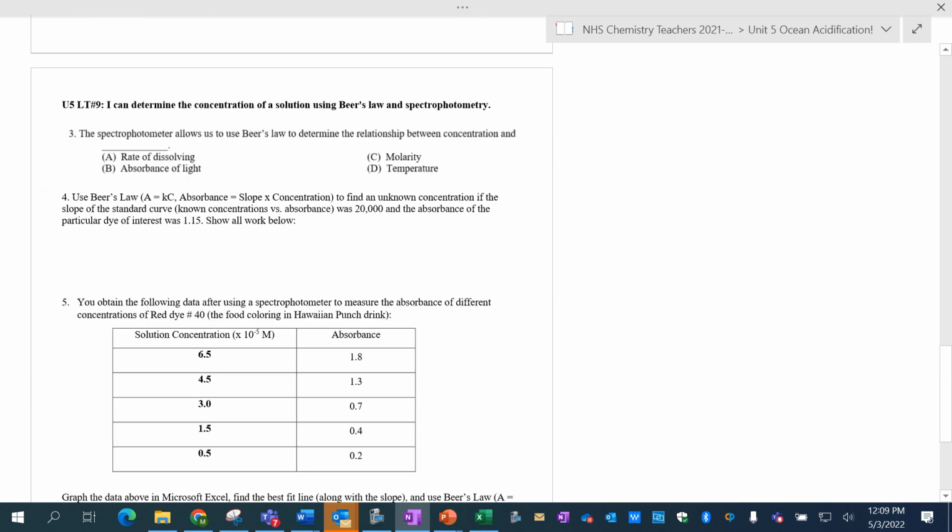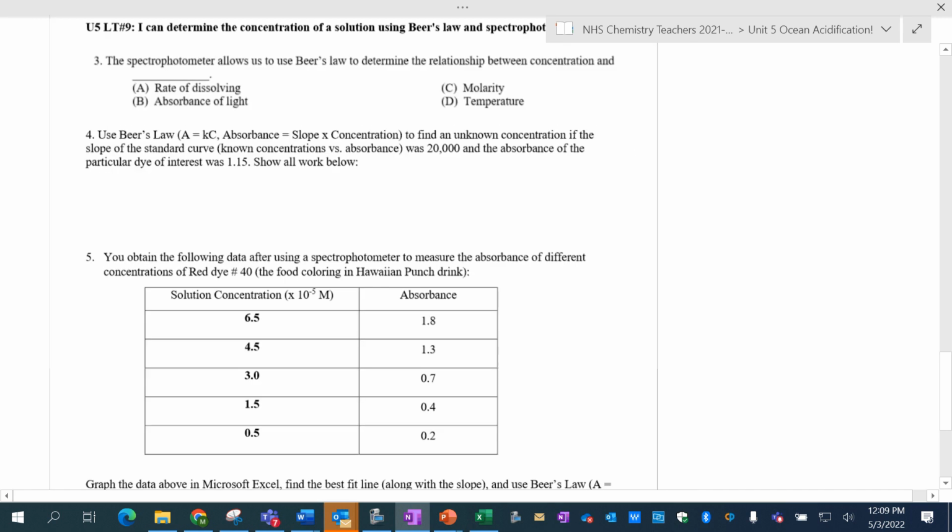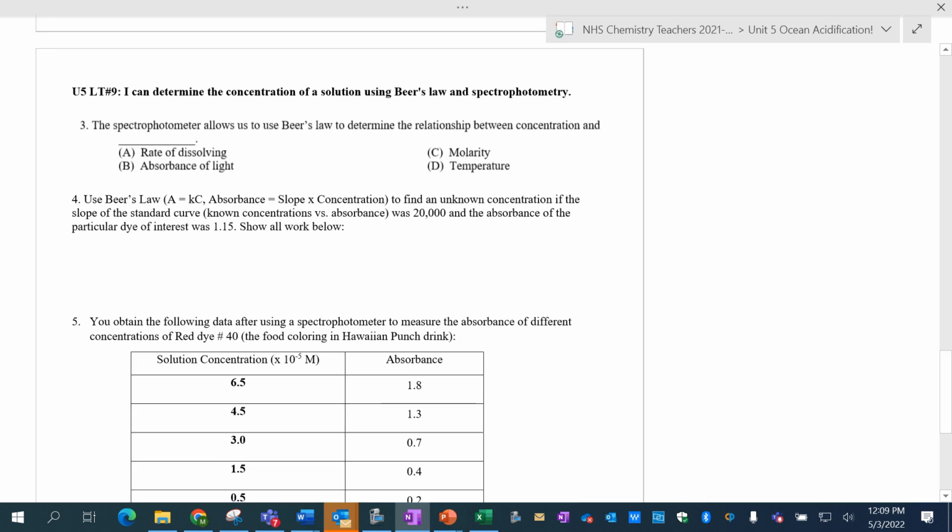The spectrophotometer allows us to use Beer's law to determine the relationship between concentration and absorbance of light. So let's say we had to calculate using this formula, the mystery concentration. The slope is K, so that's 20,000. It says the absorbance is 1.15.